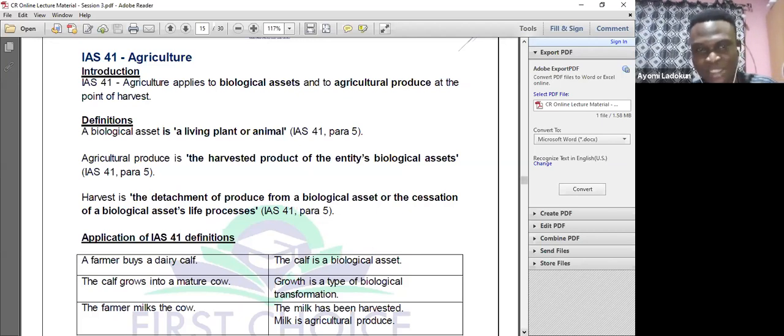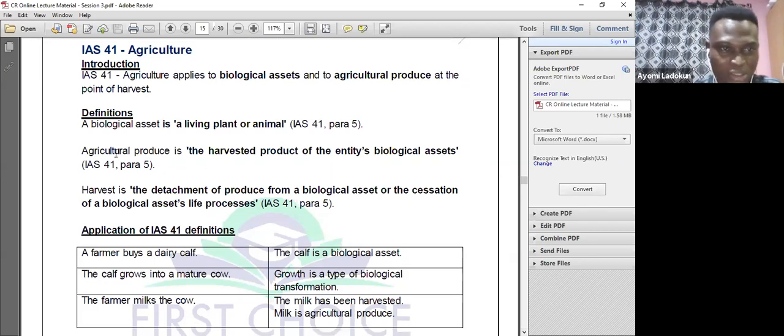Now, what is agricultural produce? Agricultural produce is the harvested product of the entity's biological asset. So, what does that mean? If I have a cassava plantation or a maize plantation, the cassava plantation itself is a living plant.